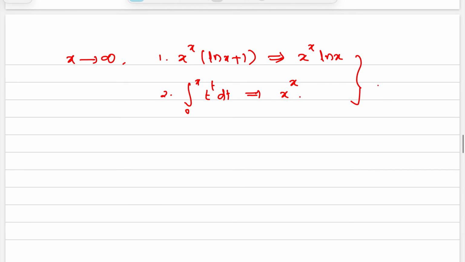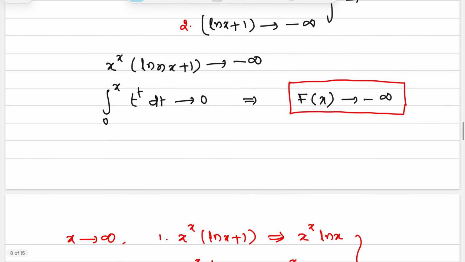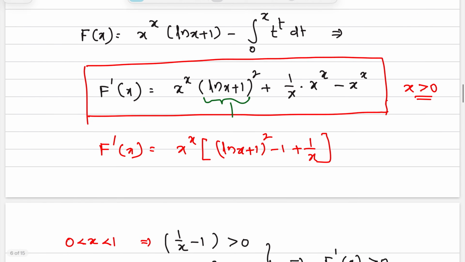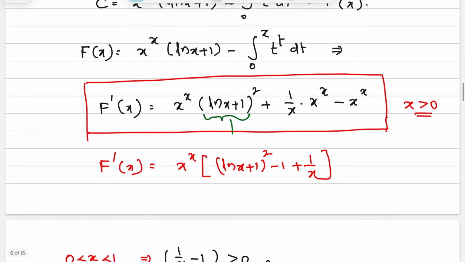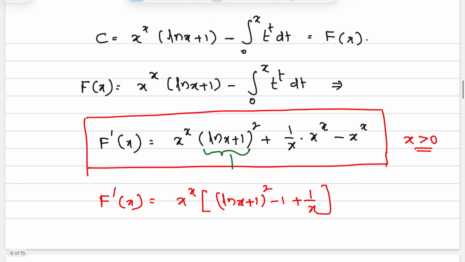From these two, what will we get? The difference between them, because ultimately you just see, we have done all these equations: f(x) is equal to x to the power of x into ln x minus integral 0 to x of t to the power of t dt.